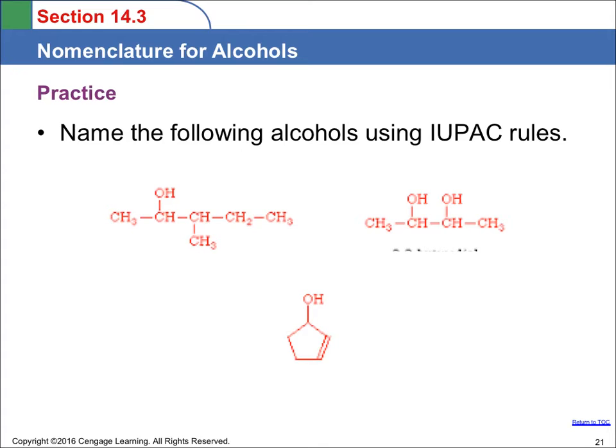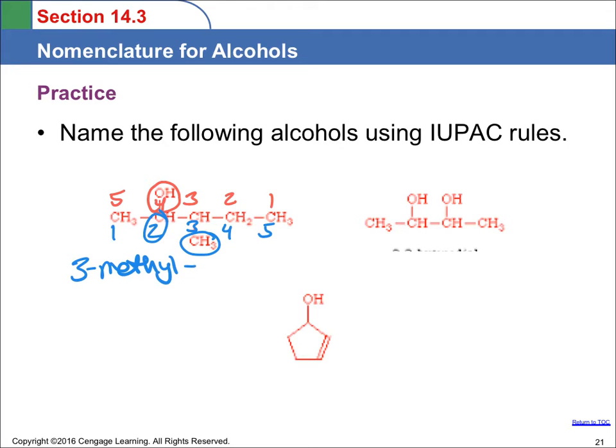All right, this first example, we can number our longest chain. Let's try both directions. Remember, the alcohol is what we want to give the lowest number. So my red numbers give the alcohol number 4. My blue gives it number 2. So we're going to go with the blue numbers. We have a methyl group on number 3, so we've got 3-methyl.